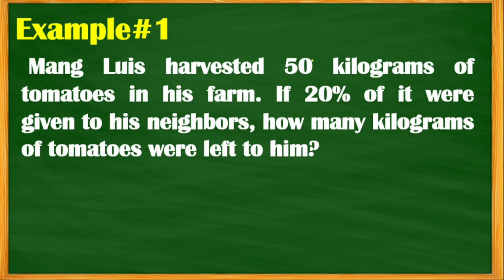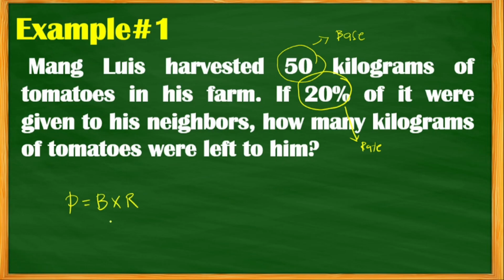So this would be the total kilograms of tomatoes. This would be the base, right? And 20% is the rate. So the unknown value is the percentage. So percentage is equal to base times the rate. So the base for this problem is 50, and then the rate is 20. So percent.